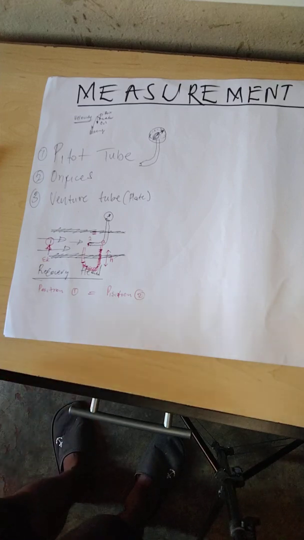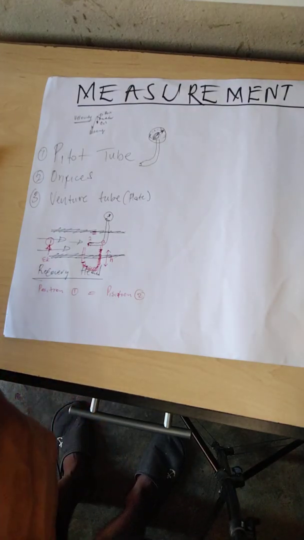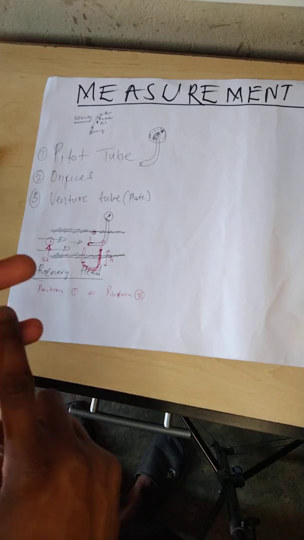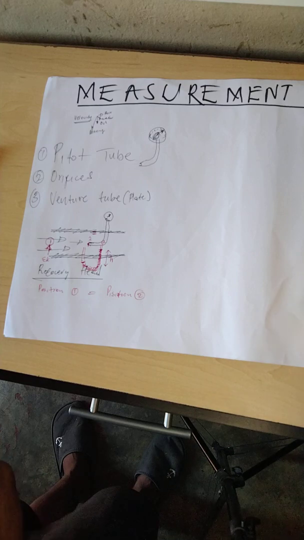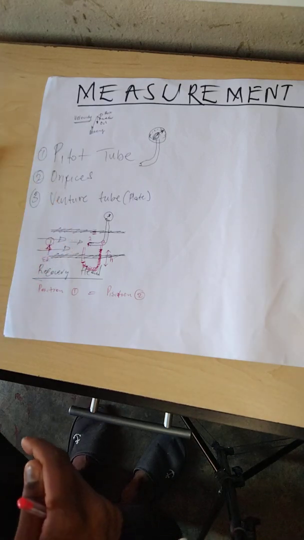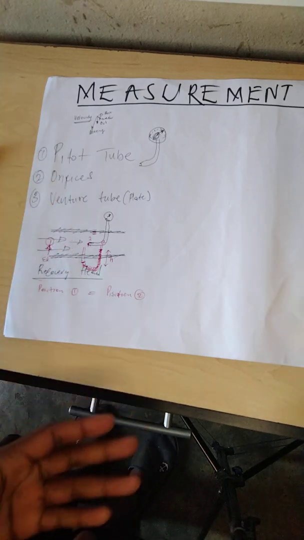Remember, Bernoulli says that the total energy, kinetic, potential, and pressure energies, will remain the same throughout the system unless there's an external force acting upon it. That's what Bernoulli is saying.